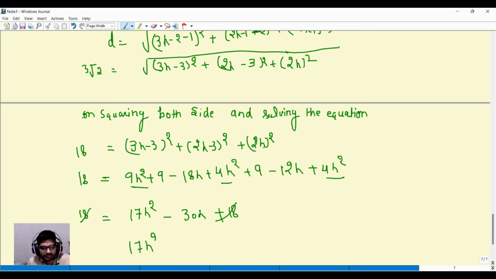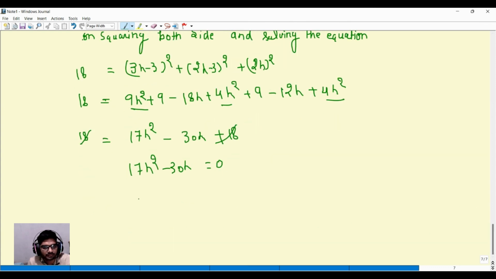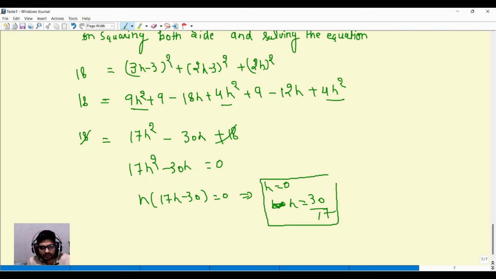So 17 lambda square minus 30 lambda equals 0. This will give lambda (17 lambda minus 30) equals 0. This gives lambda equals 0 and lambda equals 30 upon 17. This will be the value of lambda.